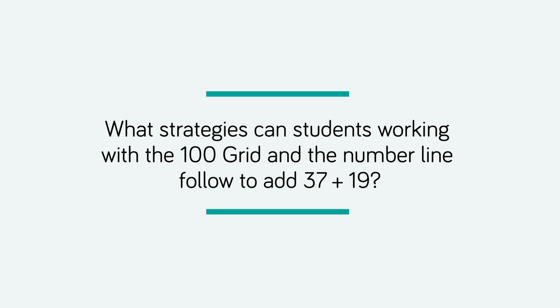What strategies can students working with the 100 grid and the number line follow to calculate 37 plus 19? We put a lot of emphasis on the number line as the basic model for communicating and thinking about strategies for jumping in addition.